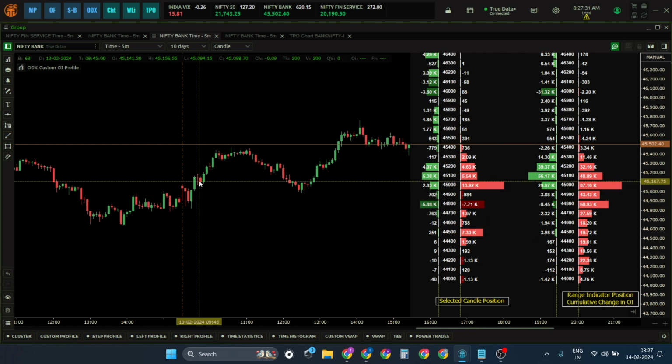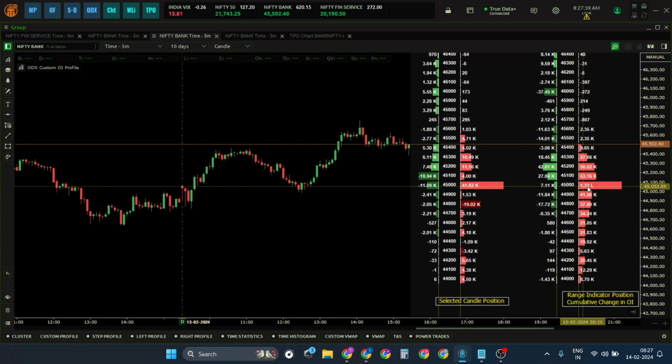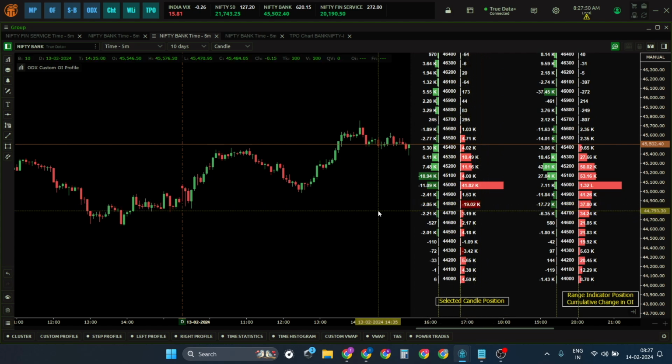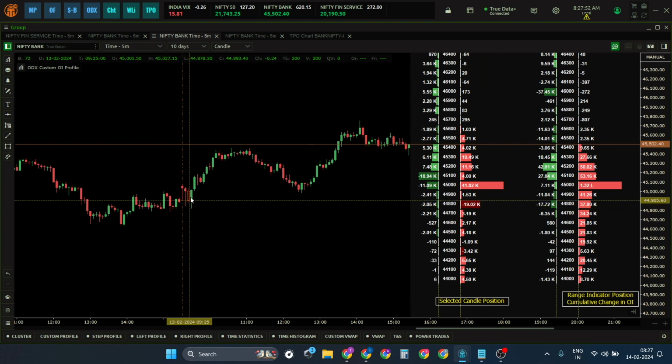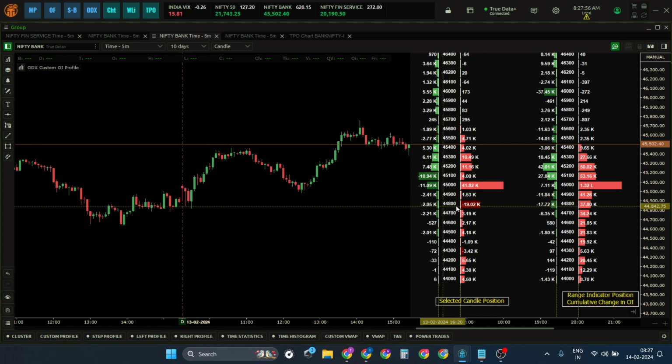And if I click on any candle, now I am moving quicker. If I click on this doji candle, you can clearly see this 45,000 now has almost 1.32 lakh contracts, which shows you, you can see at 44,800 we have seen booking here. What is the reason? Because if you see from the starting they have been holding this, and this strike might have got good decay.